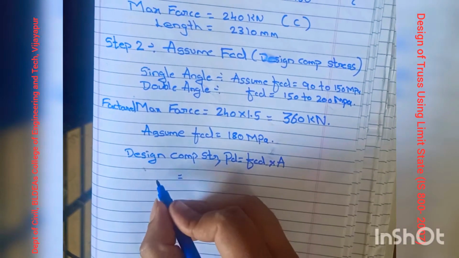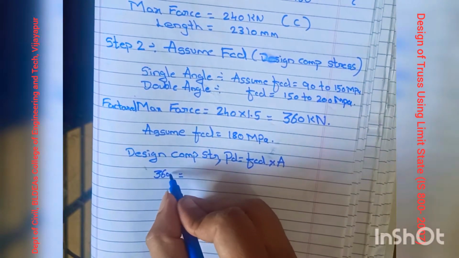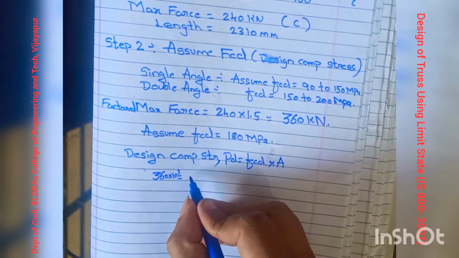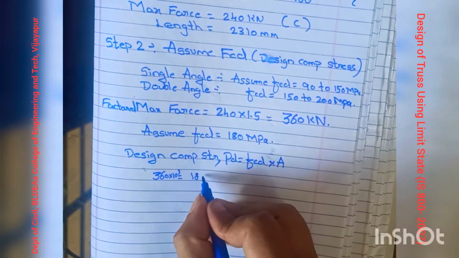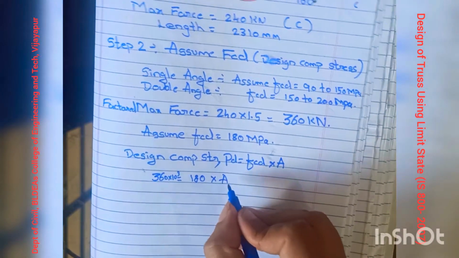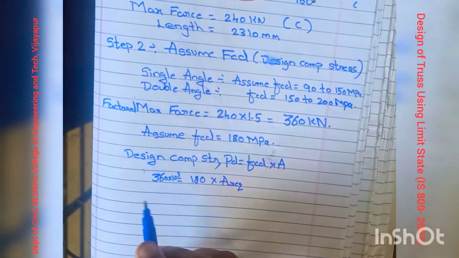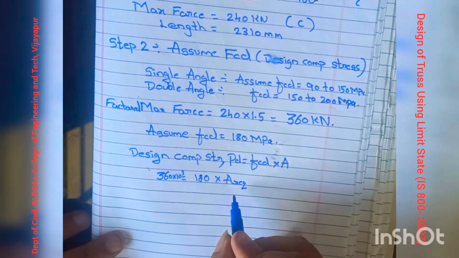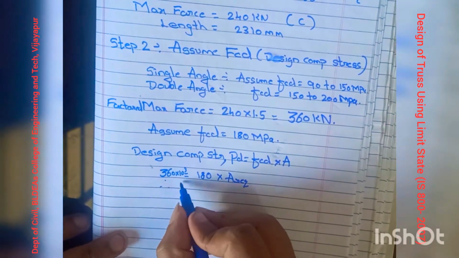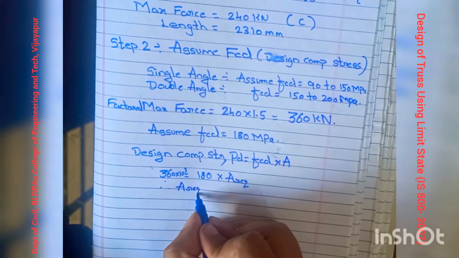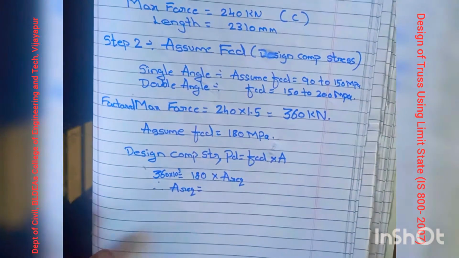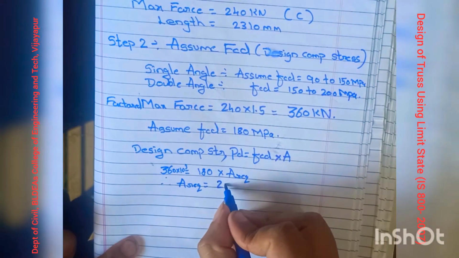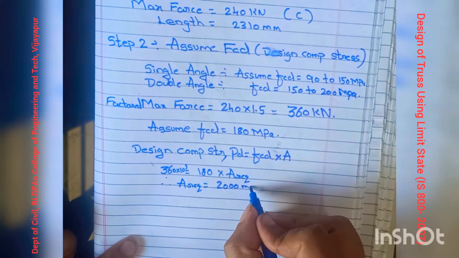So 360 kilonewton equals FCD, which we have assumed as 180, into the area required. We know the strength, and we have assumed the stress, so easily we can calculate the area required. Therefore the area required is equal to 2000 mm square.